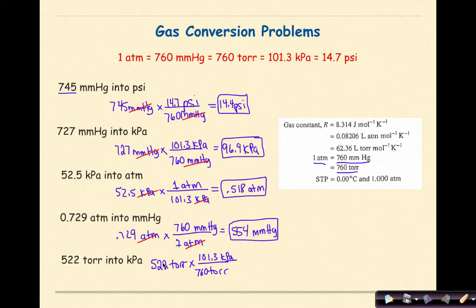And don't shortcut here. Make sure that you label and then your units cancel down into the right. So when we work this out, 522 times 101.3 divided by 760 will give me 69.6 kilopascals. Always important to label, always important to cancel your units.